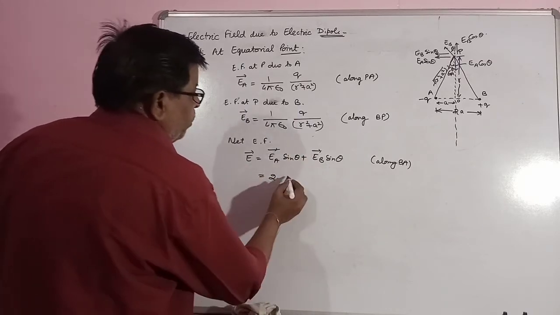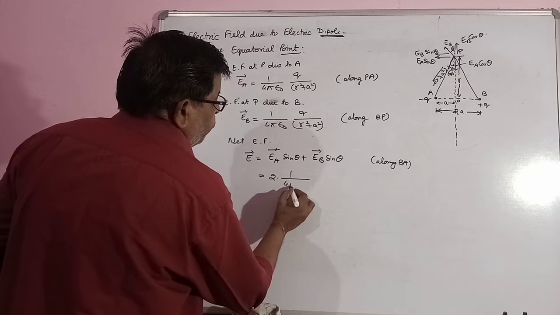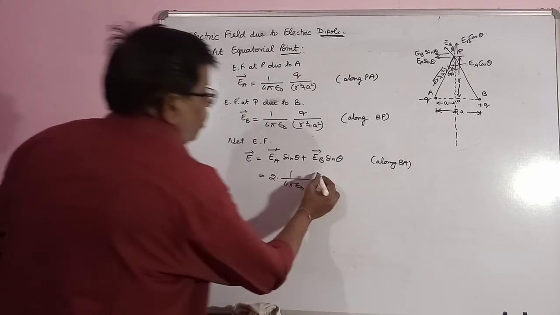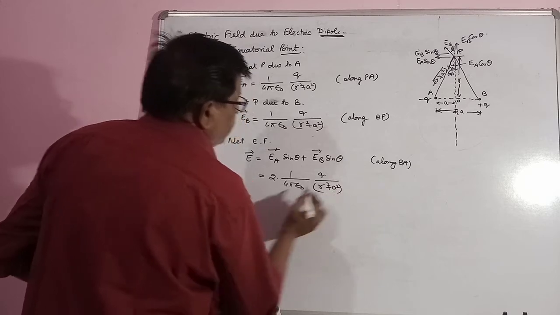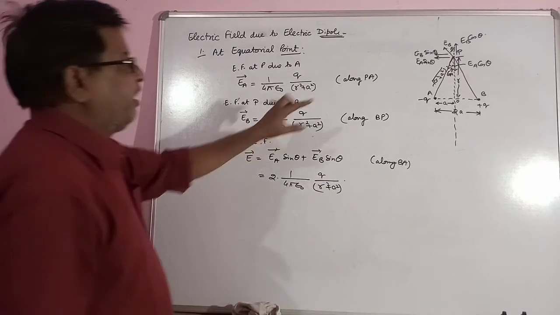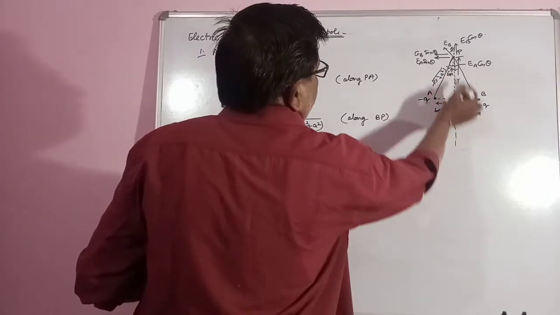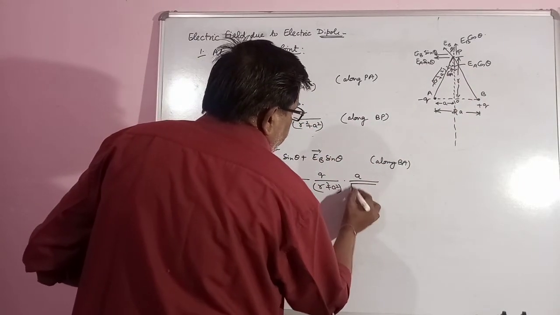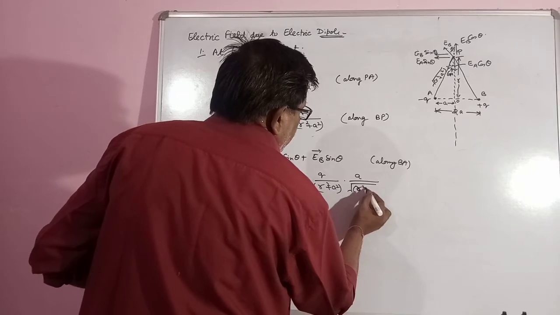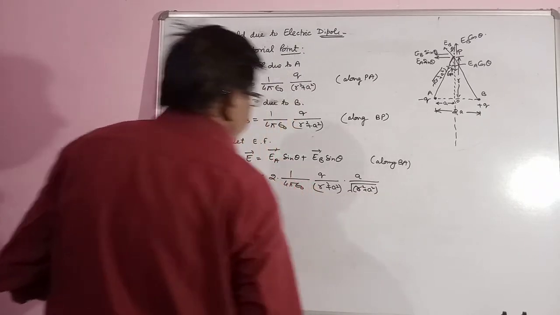This will be 2 into 1 over 4 pi epsilon naught Q over R square plus A square into sin theta. Sin theta from this triangle we can calculate: sin theta is A upon under root R square plus A square.